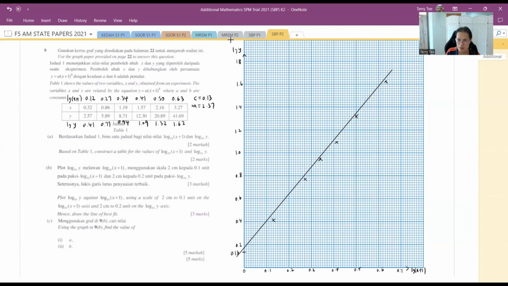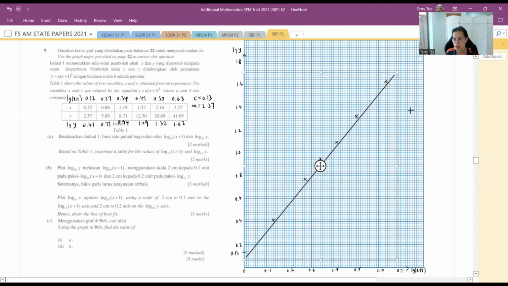My line here is really hard to adjust. Let me just try again. This is 0.13. It's very hard to adjust the line.